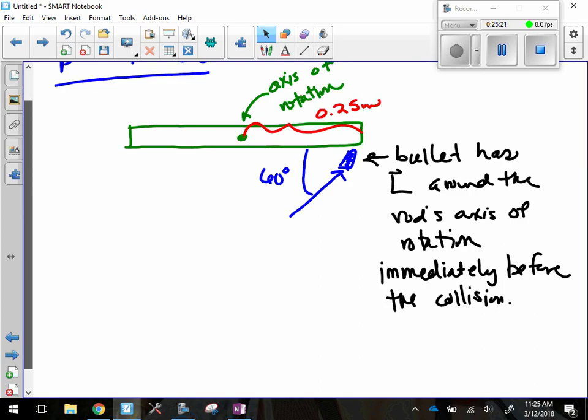Because every time I take a step, I get farther away from Elisa, but closer to Zoe and Maddie. So my R changes, even if my velocity is the same. That's why I'm specifically saying I'm talking about the bullet immediately before the collision, so that I can just say that the R value is going to be that 0.25 meters.